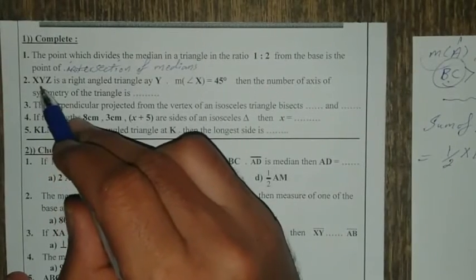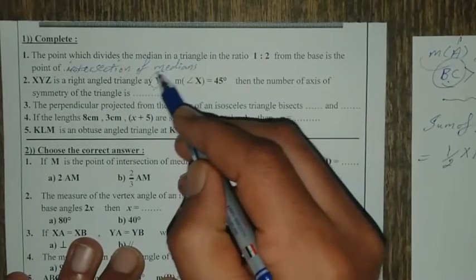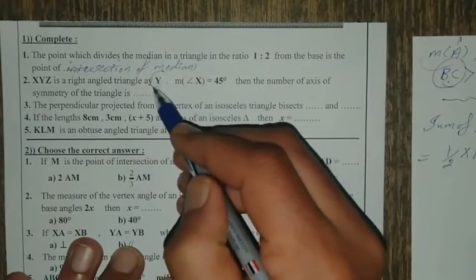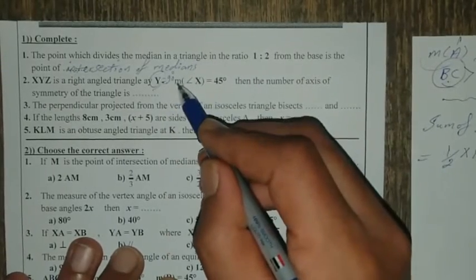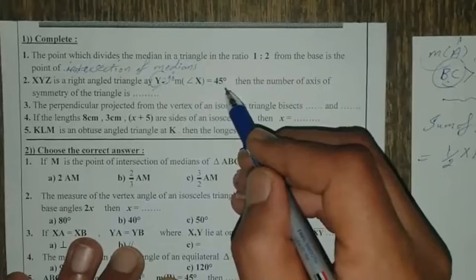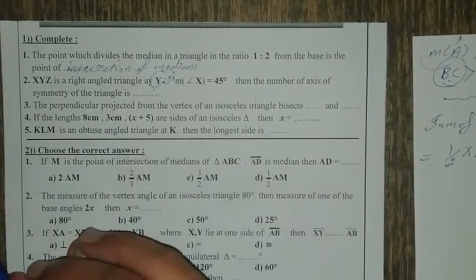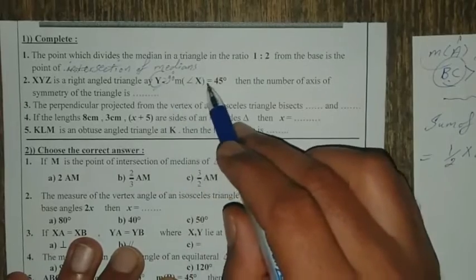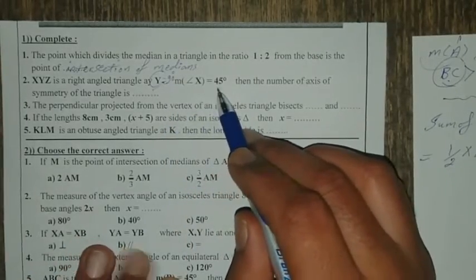Question 2. XYZ is a right-angled triangle at Y. This means the measure of angle Y equals 90 degrees, and the measure of angle X equals 45. Then the number of axes of symmetry of the triangle? We have two angles: measure Y equals 90 degrees, measure X equals 45.